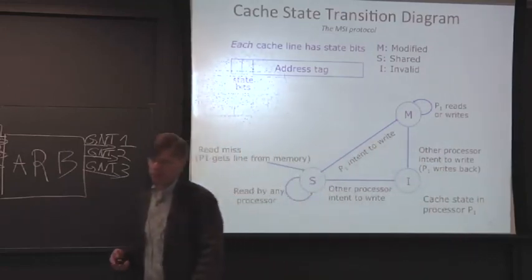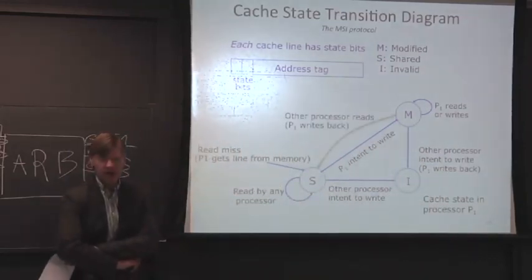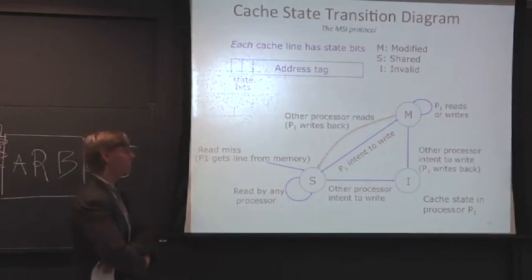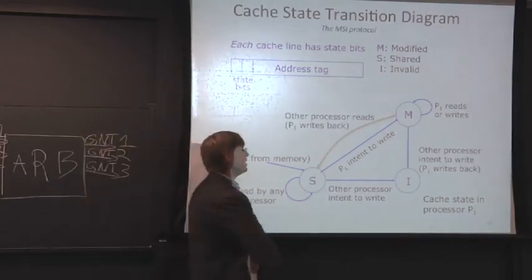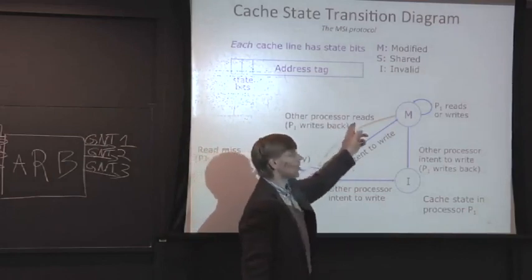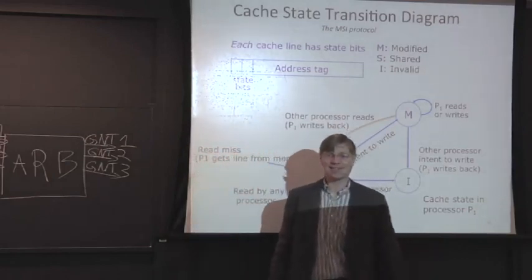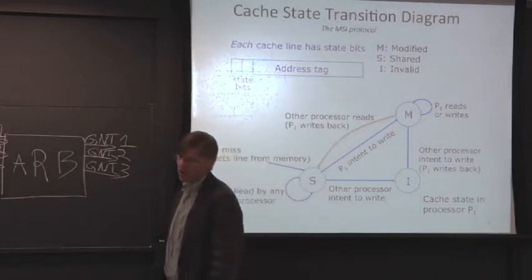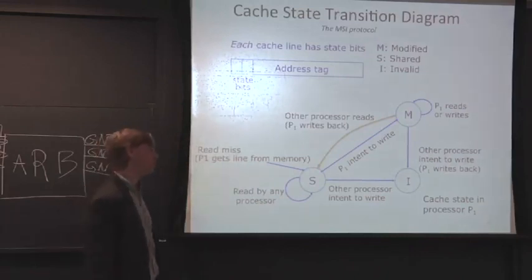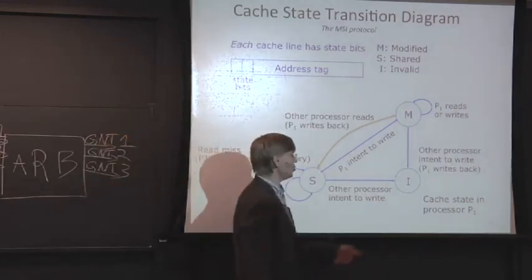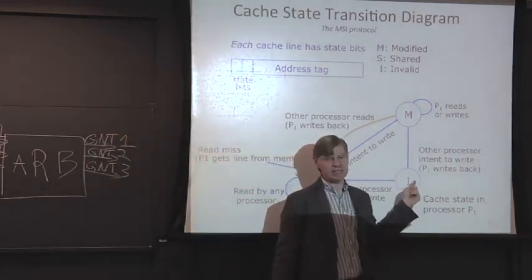OK. One more arc in this diagram here. What happens if you're in the modified state and some other processor tries to do a read or broadcasts an intent to read across the bus? Well, what's nice here is you don't actually have to transition to the invalid state.